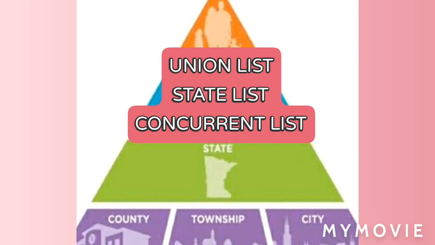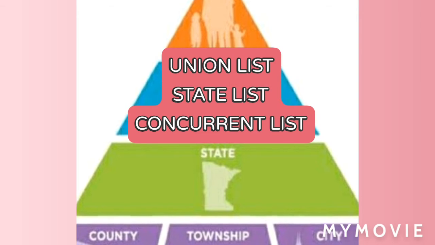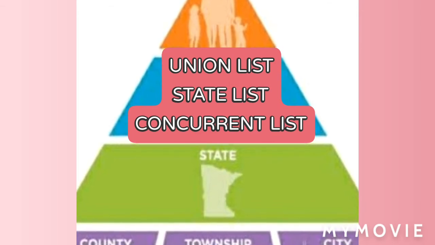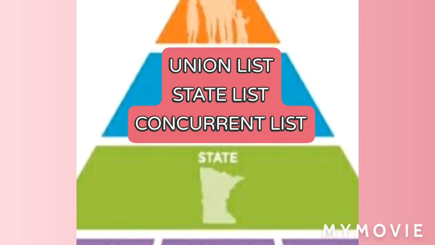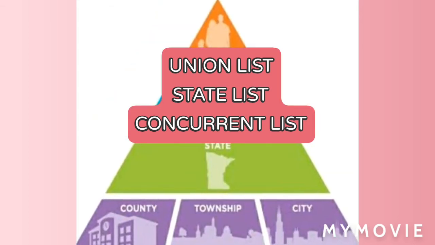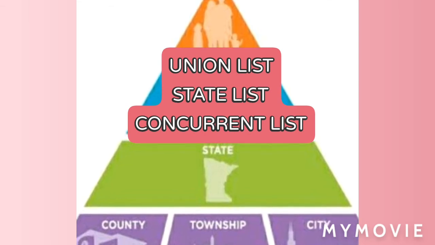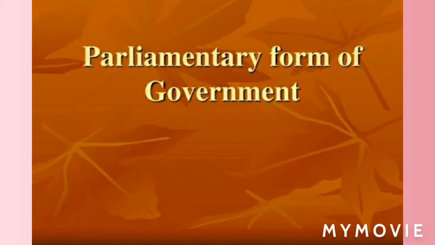There is another list in the Indian Constitution, that is the concurrent list. In this, there are subjects which are of concern for both the national and state government. Therefore, both the levels of government can make laws on the subjects mentioned in the concurrent list.